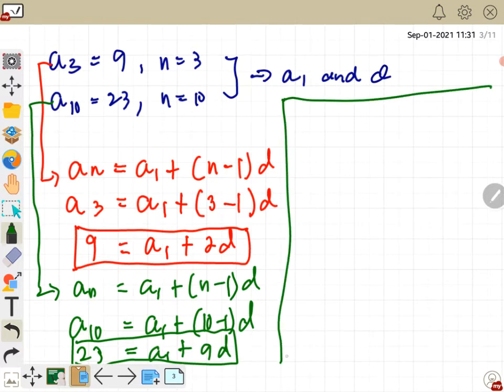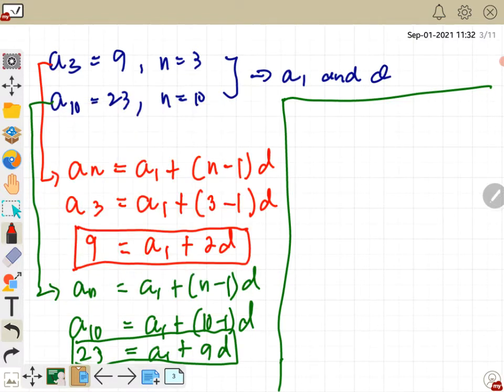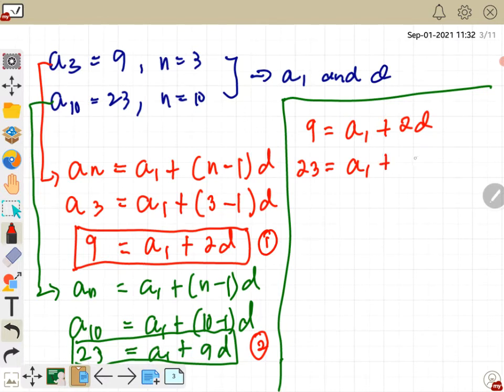We need to solve these two equations simultaneously by either substitution or elimination. So let's copy first our equation 1. We have 9 equals a sub 1 plus 2d. This is our equation 1, and this is our equation 2. Then we have 23 equals a sub 1 plus 9d.